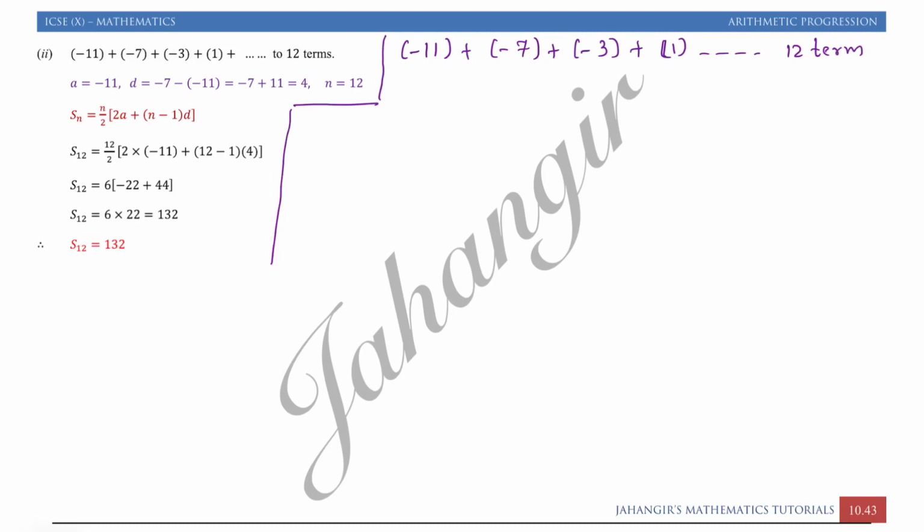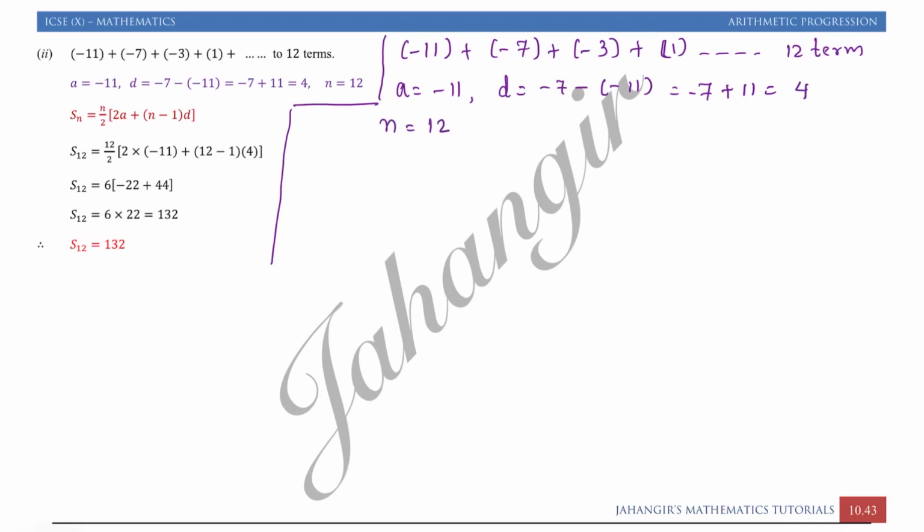They say up to 12 terms, means this type of 12 terms we are going to add. So here my first term is minus 11, common difference is minus 7 minus of minus 11. Second term minus first term. Always remember difference is second term minus first term. So minus 7 plus 11, that is equal to 4.